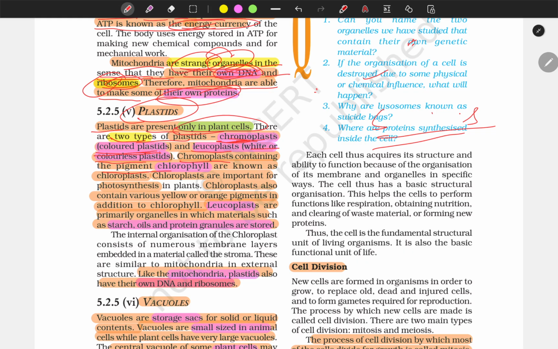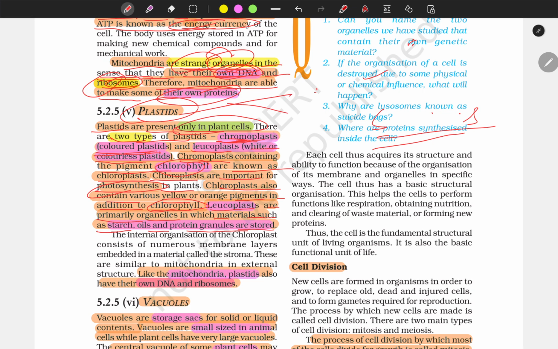Chromoplasts containing a pigment called chlorophyll are known as chloroplasts, and chloroplasts are important for photosynthesis in plants. Chloroplasts also contain various yellow or orange pigments in addition to chlorophyll. Leucoplasts are primitive organelles in which materials such as starch, oils, and protein granules are stored.